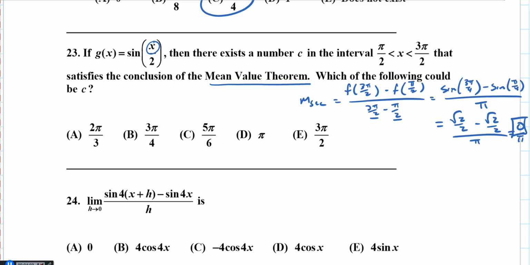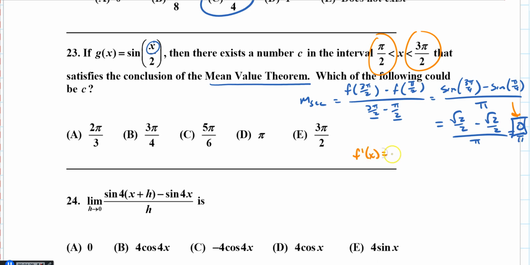The mean value theorem says that if it's a continuous function, which it is, and it's differentiable, which it is, there should be some c value in between these two bounds such that the derivative is equal to the slope of the secant, which in this case is 0. So I'm going to find the derivative of sine of x over 2.